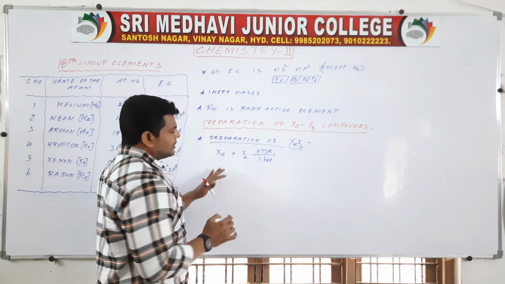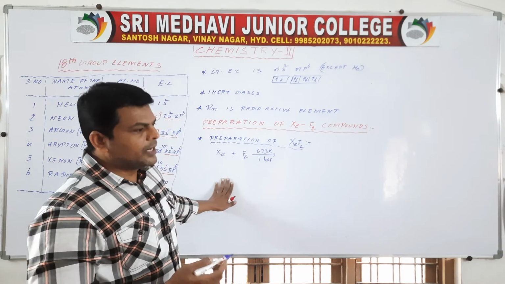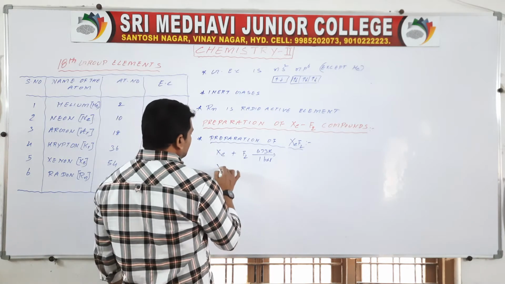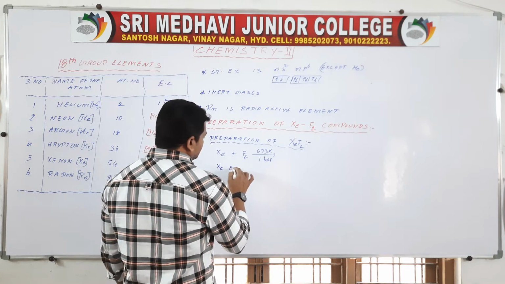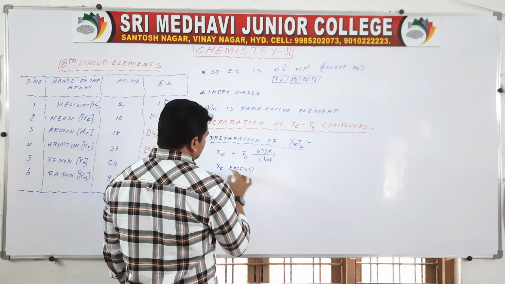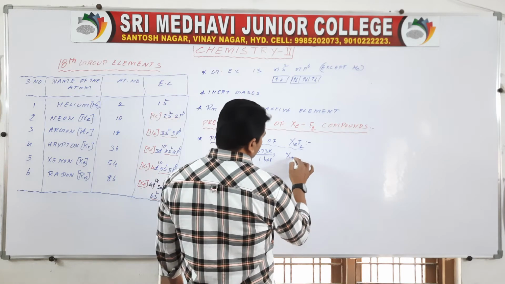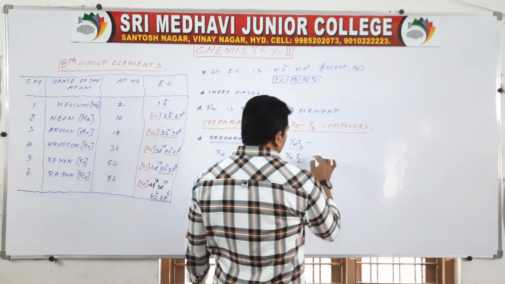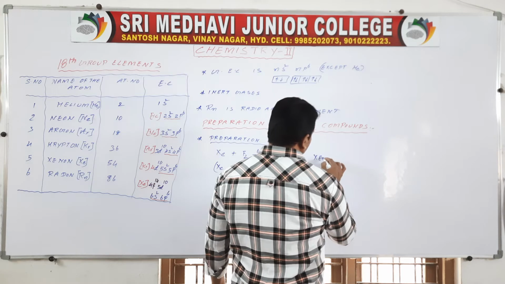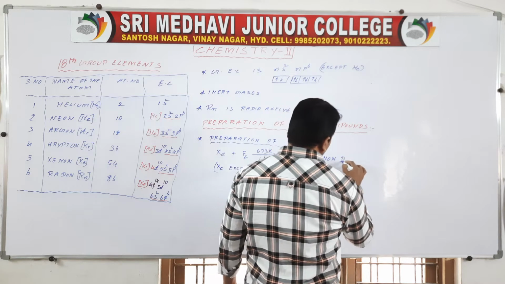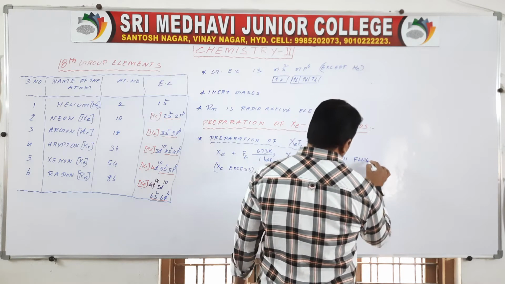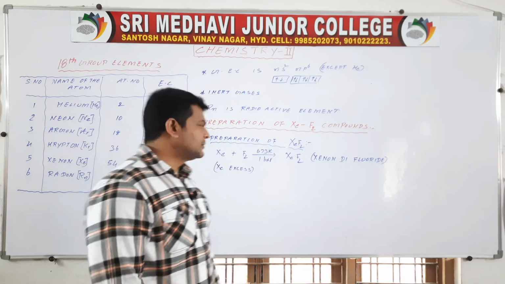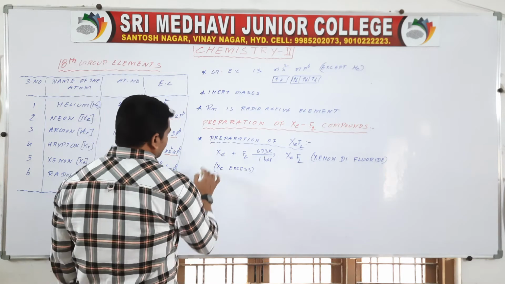Here I am taking a 1:3 ratio, where xenon is in excess, then there is a chance to form xenon difluoride.